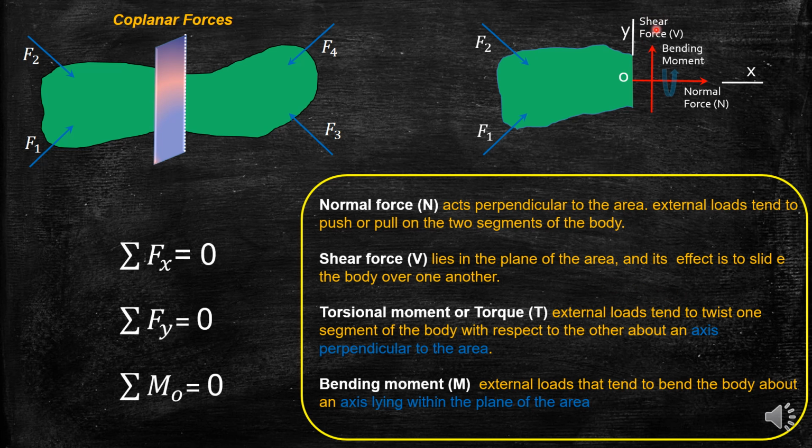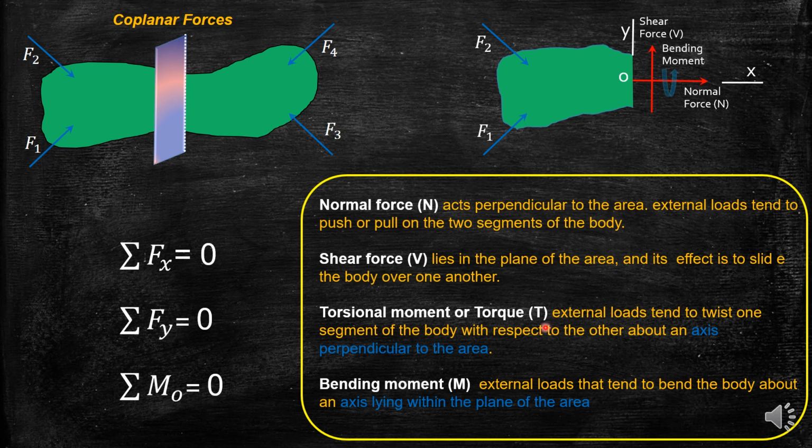So here you can see, if you place this right portion of the body here, you can see shear force is pointing upward. So the right hand and left hand side portions of this body will slide over one another, whereas this normal force will either pull the body or push the body if it is applied in the opposite direction.